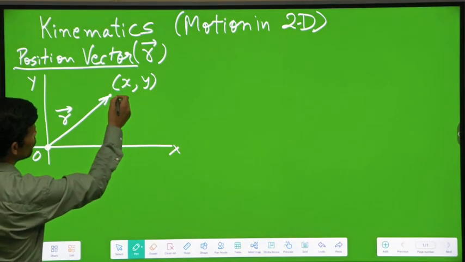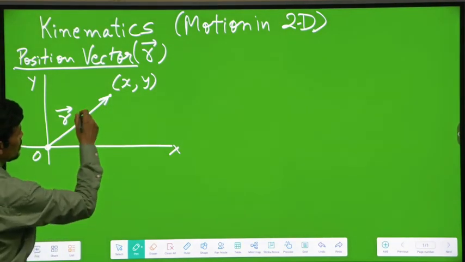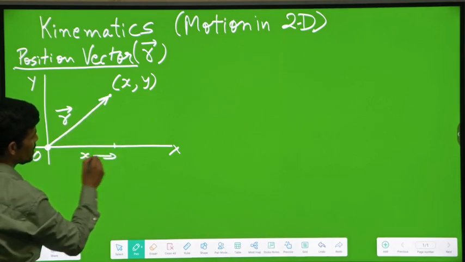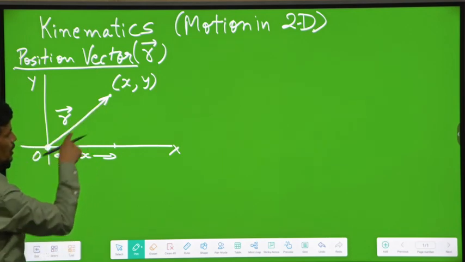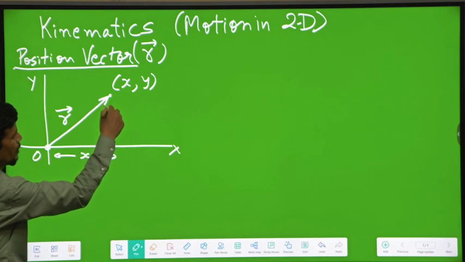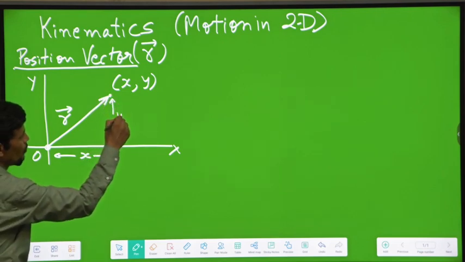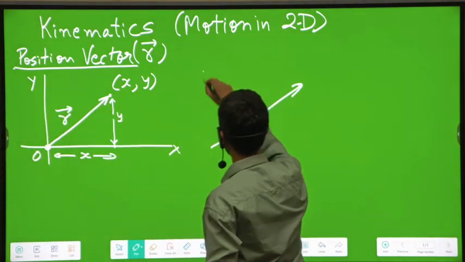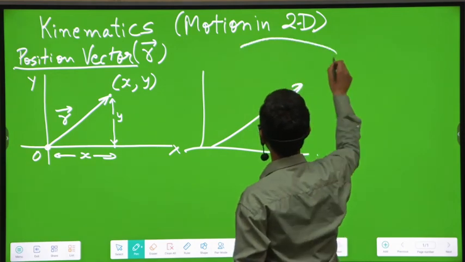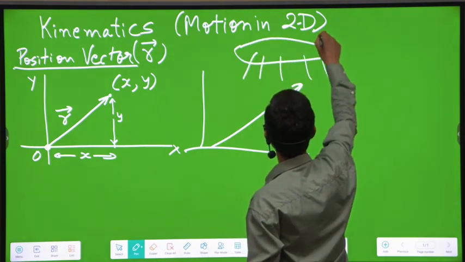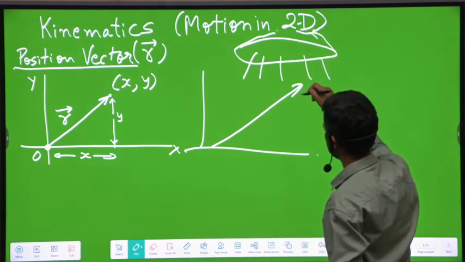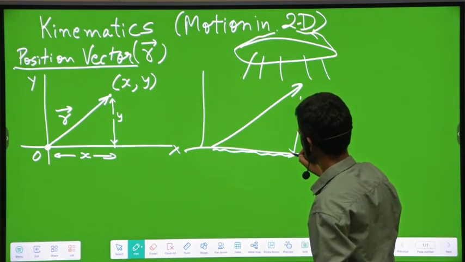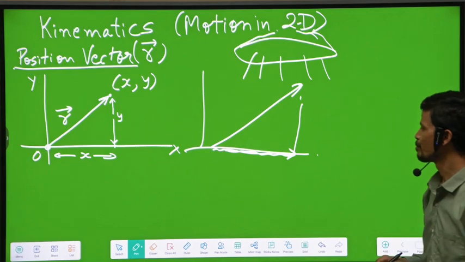So if its coordinates are x and y, it means the projection of this r on the x-axis is x. But as I told you, in terms of projection, that should also be kept in your mind. Like if this is a rod and I am glowing a lamp from this side over it, then it will cast a shadow on the x-axis.